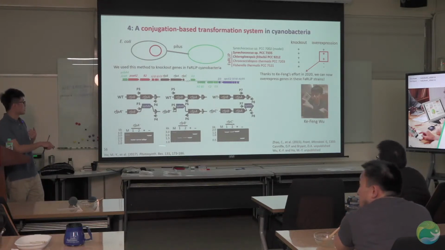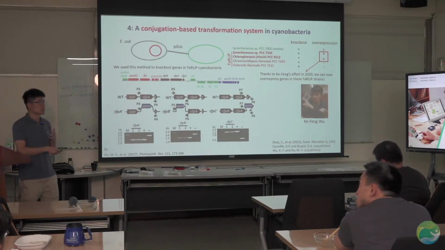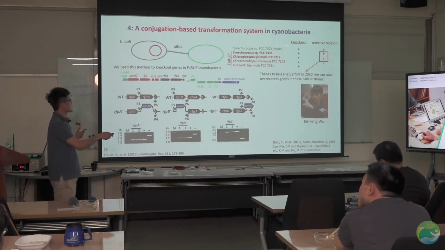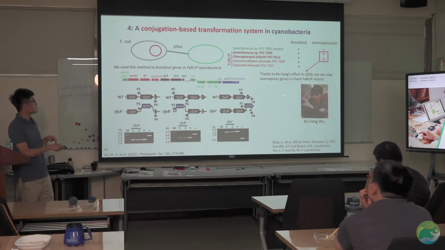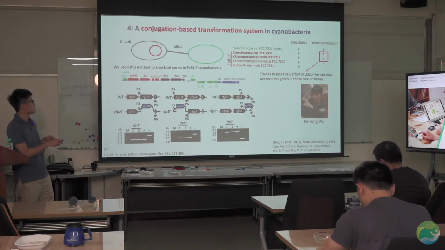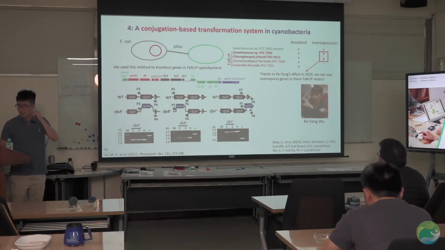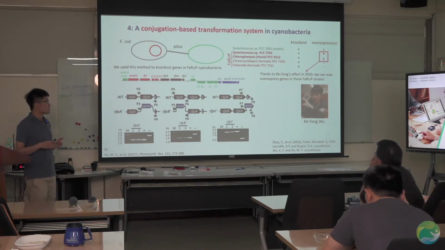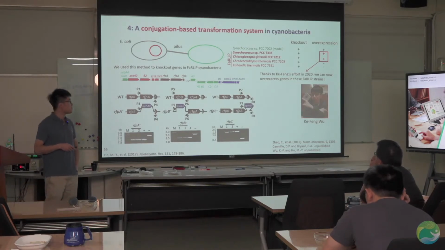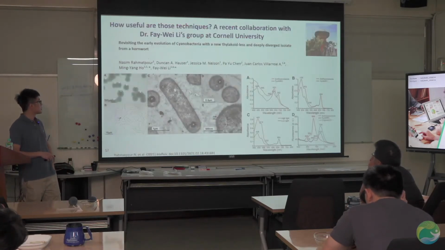I developed the knockout system for these FaRLiP cyanobacteria. And now my student has successfully established the way to do overexpression in these two organisms. So for this organism, we can now have a full genetic system. We can study the gene functions in them.